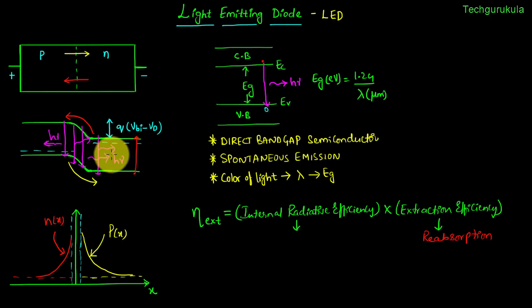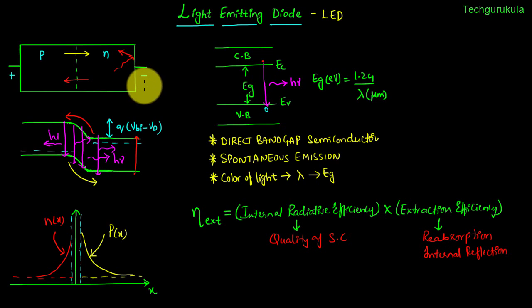Another thing is, this light can be going in any direction. If it goes in a particular direction, from the p-n junction diode to the outside environment, the refractive indices would be different. As a result, we might have total internal reflection. So this light stays inside the p-n junction and eventually can be absorbed inside the diode itself. In fact, that is one of the reasons why we find LEDs with dome type encapsulation, which acts as a lens so that more of the photons can be extracted.